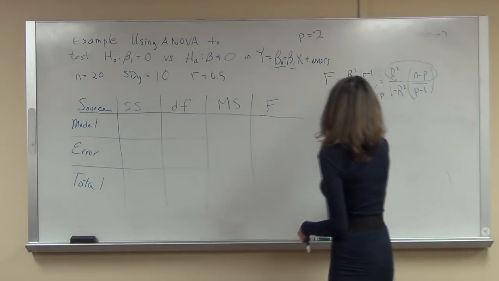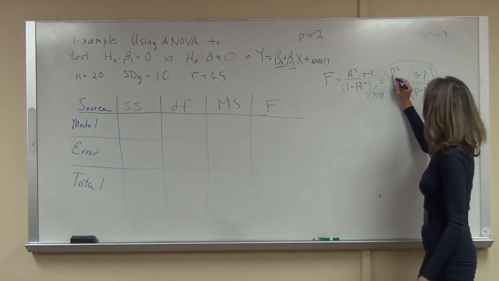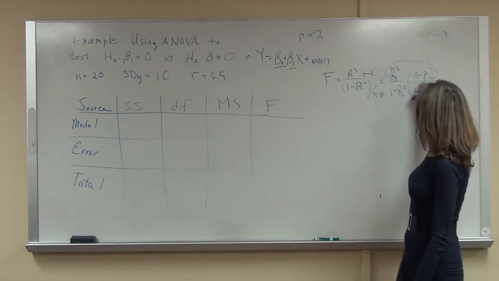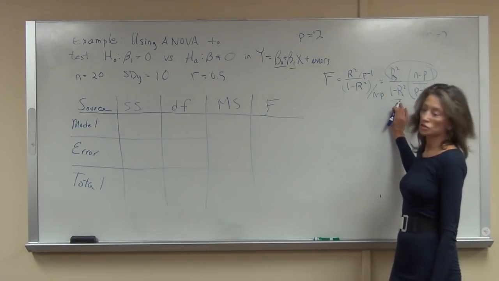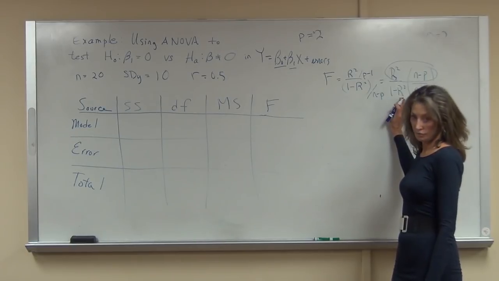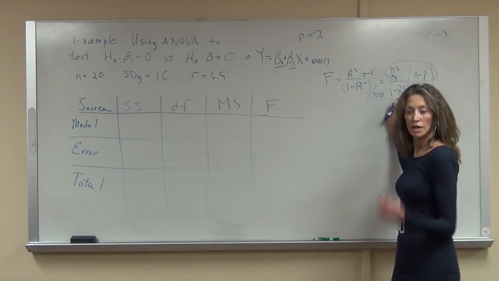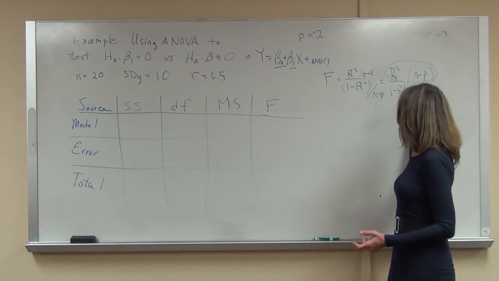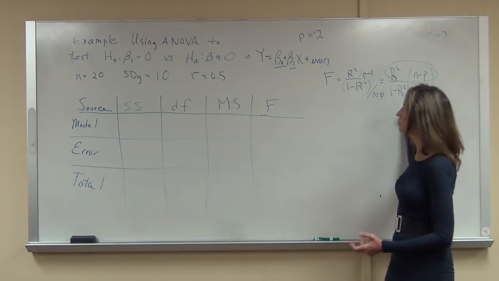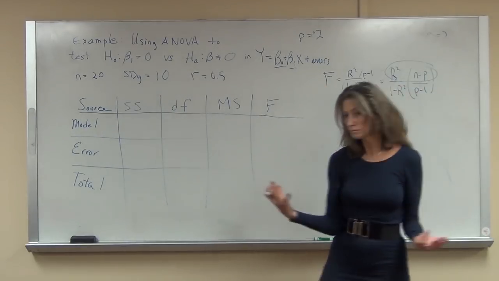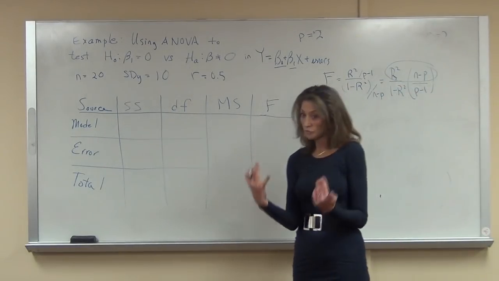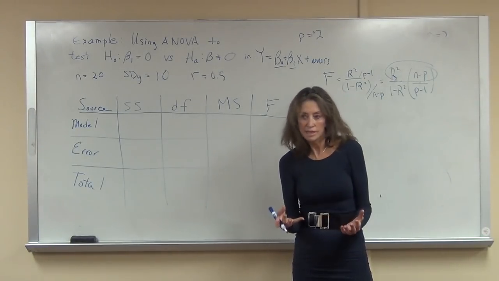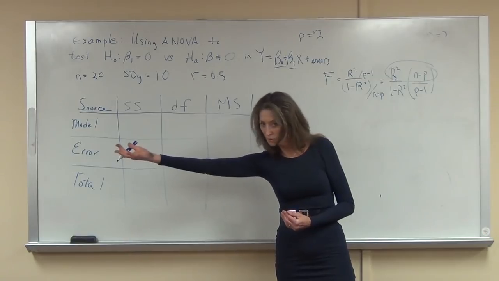So what's nice about this is this numerator, when you think about it this way, is a reflection of the strength of our model, whereas the denominator, the 1 minus r squared, is a measure of the weakness of the model or the strength of the errors. And along with this p minus 1, because the more parameters you have, the easier it is to fit a model to your random sample, even though it might not hold up in the whole population.